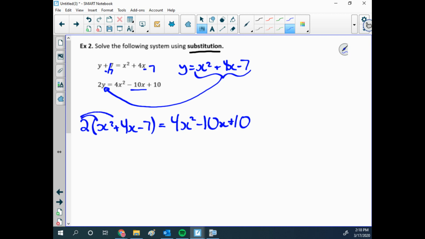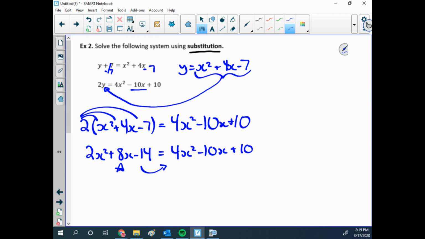So first thing I've got to do is multiply this 2 into the brackets. So this is 2x squared. 2 times 4x is plus 8x. 2 times -7 is -14. Equals 4x squared minus 10x plus 10. Now, whatever side you want to move everything to, it doesn't matter. I'm going to choose to move these over here because otherwise I'd end up with a negative coefficient if I move this way.